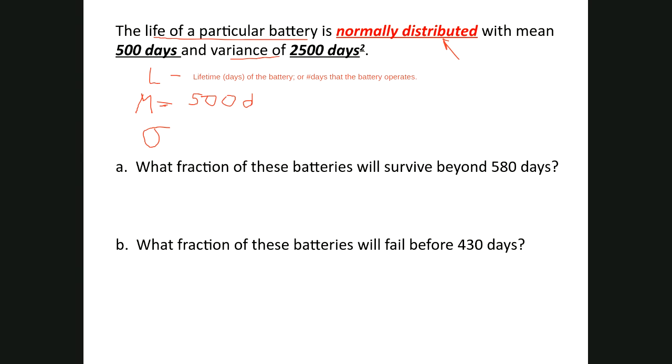But the standard deviation is the square root of the variance. And so in this case, that's the square root of 2,500. And so we know that our standard deviation is 50 days.